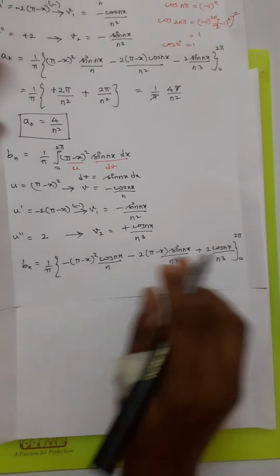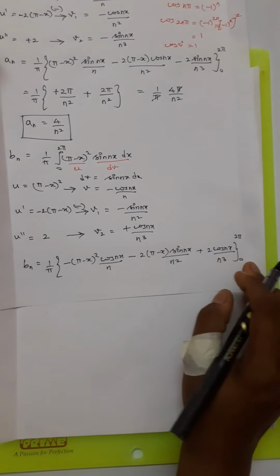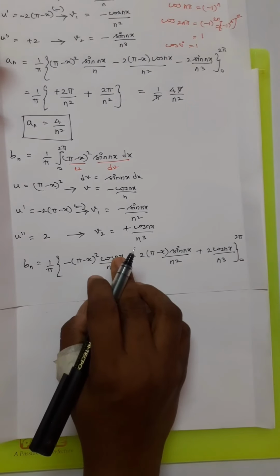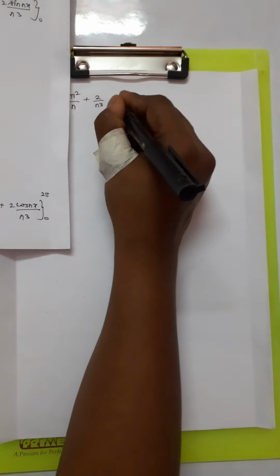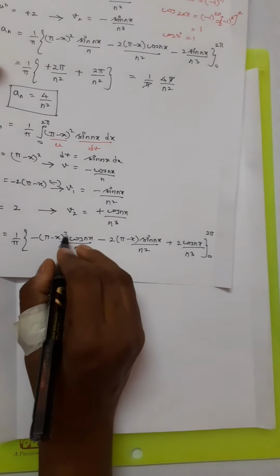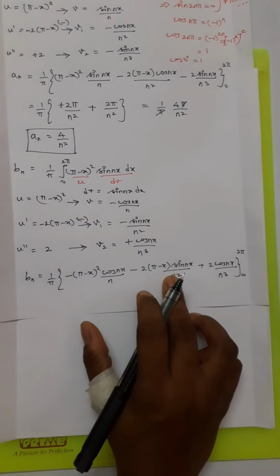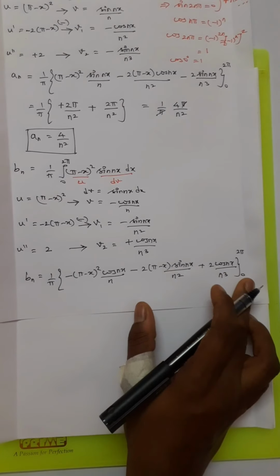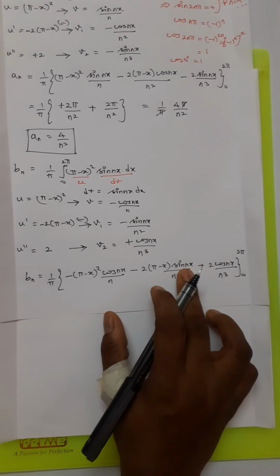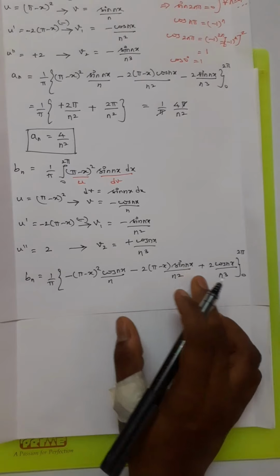So plus, x takes the value 0 and cos 0 is 1. So just plus this pi square by n alone. Pi square by n. Then the second term. Second term, when we put x is equal to 0, sine 0 is 0.